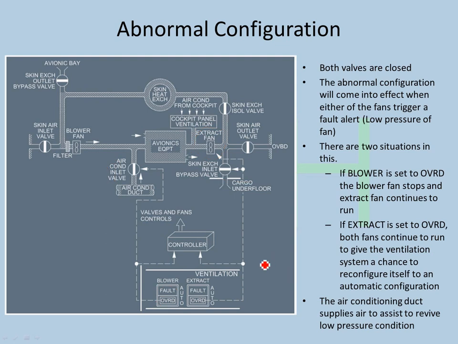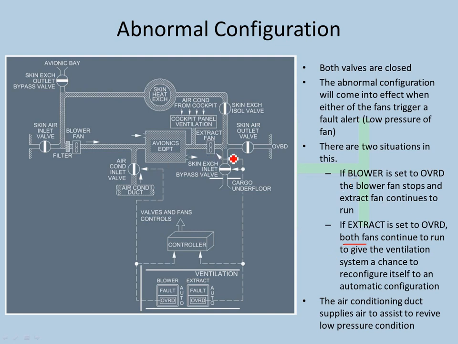Now what happens if the extract fan is showing a fault? If extract is showing a fault, then the ECAM action will tell you to override it. Once you override, both your fans continue to run. So it's a different case.